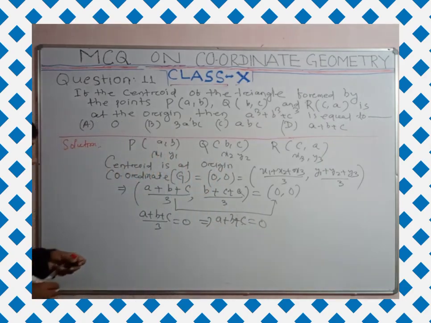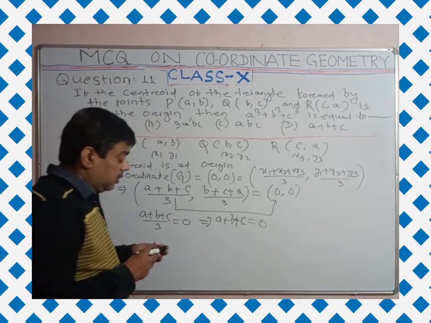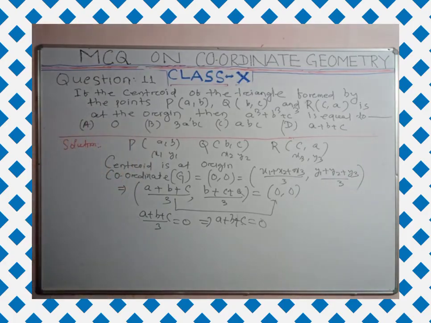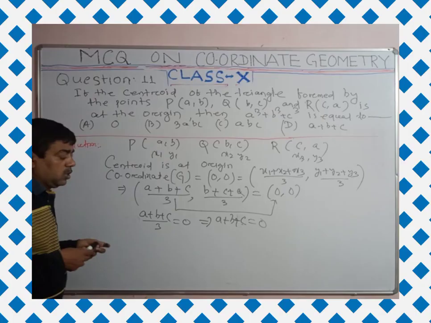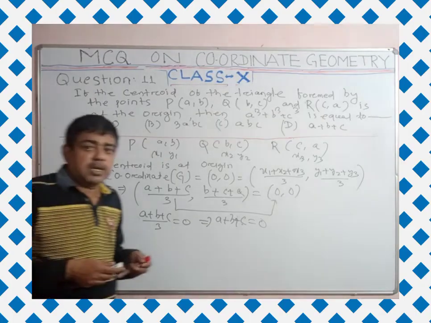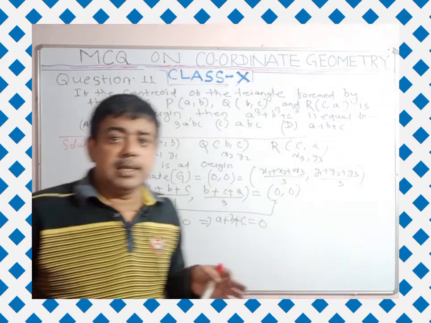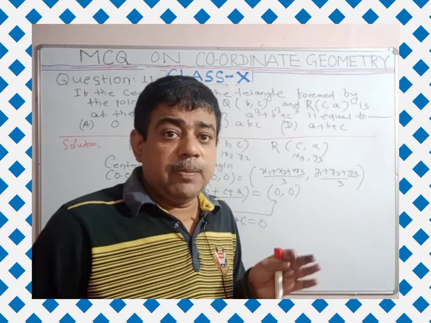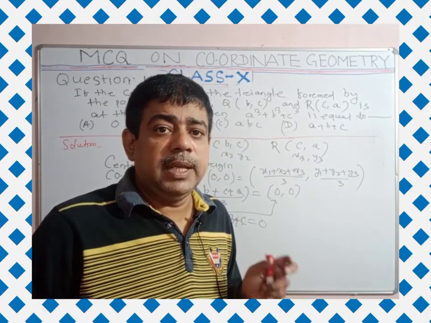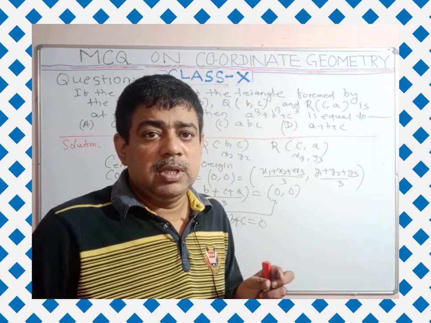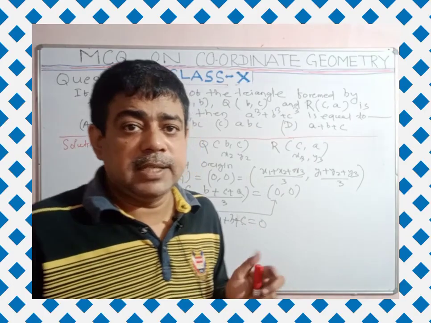Then you have to find out the values of A cubed plus B cubed plus C cubed. What is the value of A cubed plus B cubed plus C cubed? And student, remember class 9, there is an identity you already know. If A plus B plus C is equal to 0, then A cubed plus B cubed plus C cubed is equal to 3ABC. Yes or no?